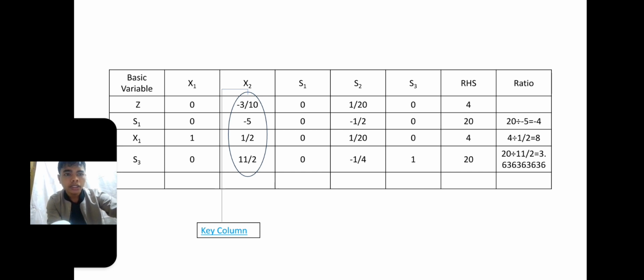So let's divide. 20 divided by negative 5 is equal to negative 4, and 4 divided by 1 half is equal to 8, and 20 divided by 11 over 2 is equal to 3.63. So let's use the negative 4 because it has a negative sign. As you know, a negative sign is always the smallest because it's already negative.